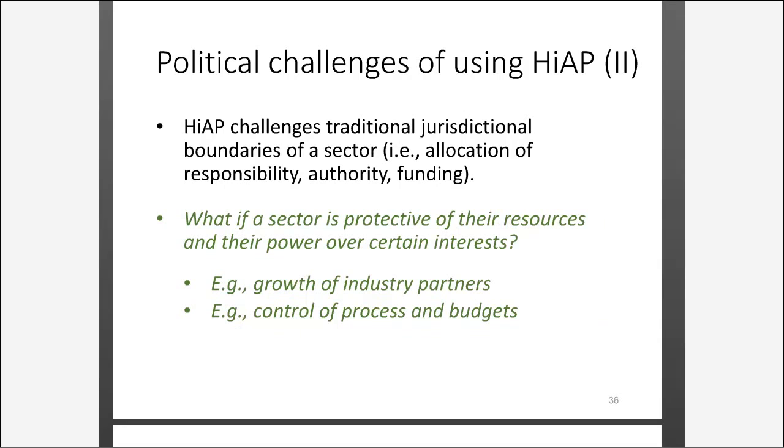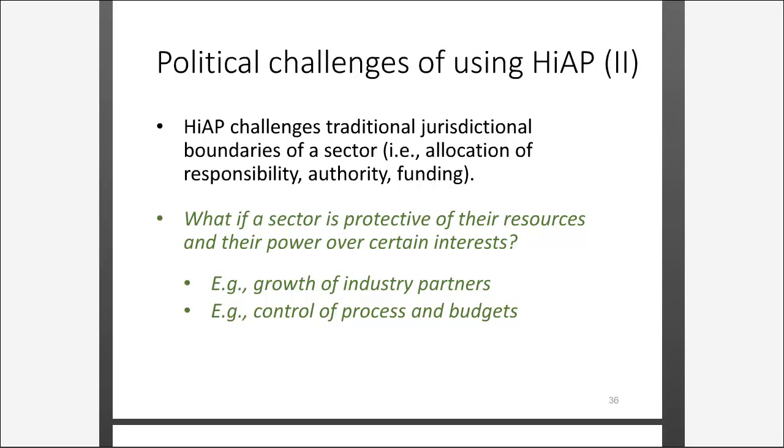The other political challenge I'll talk about is about jurisdiction. Traditional siloed governments have clear boundaries around each sector, clear boundaries about what everyone's responsibility is, what their authority is over certain issues, and what funding they have to do their work. And so when you start to do more integrated governance, sectors can get protective about their resources and about their power over certain interests.